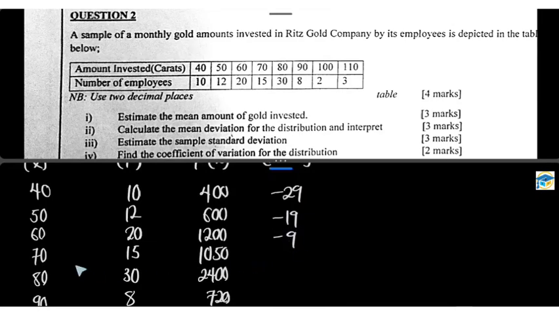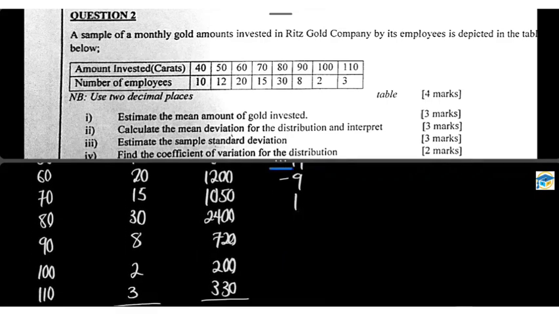And we come to that of 70, you'll be getting positive 1. Alright. And then 80, getting positive 11. And then that of 90, you'll be getting 21. That of 100, you'll be getting 31. And lastly, that of 110, you'll be getting 41. So this is what we call a deviation.